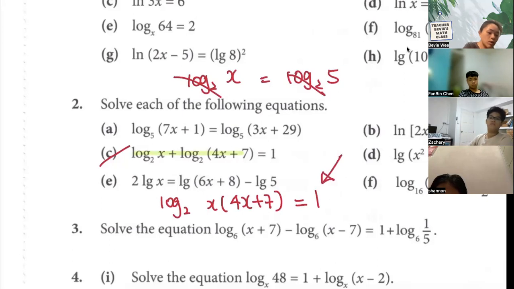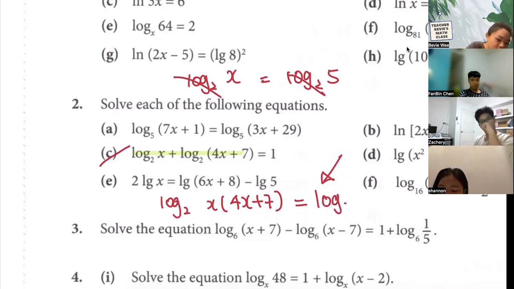How do I change this 1 to a log 2 of something? Log 2, 2. Yeah, very good. You change it to log 2, 2. Now both sides is log 2.